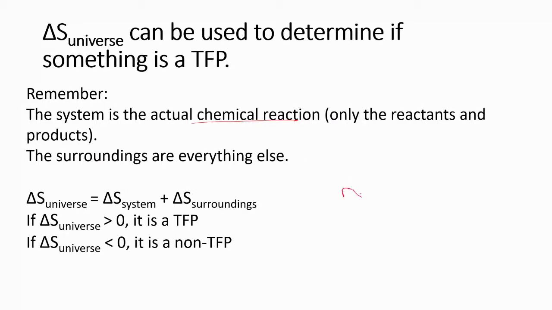So we have our reaction, and now we have our surroundings. So the delta S of the universe is going to be the system plus the surroundings. If delta S is greater than 0, it is thermodynamically favorable. If it is less than 0, it is not thermodynamically favorable.